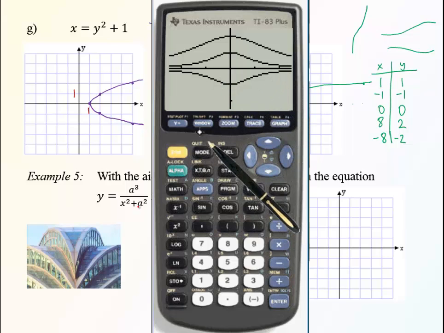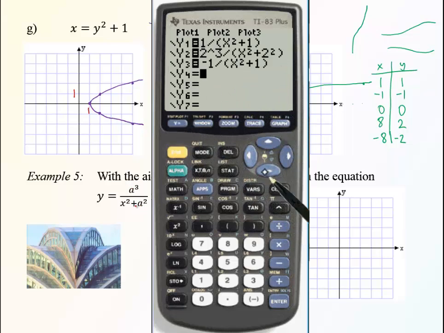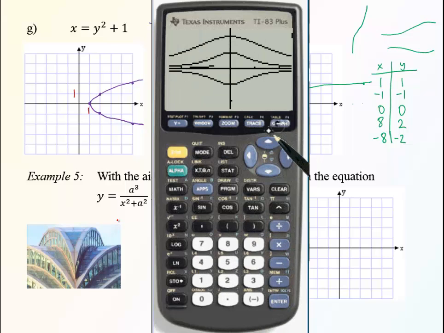Well, let's try maybe 1/2 for a, just for a change. So 1/2 is 0.5, and that cubed, divided by bracket x squared plus 0.5 squared. And see this graph.